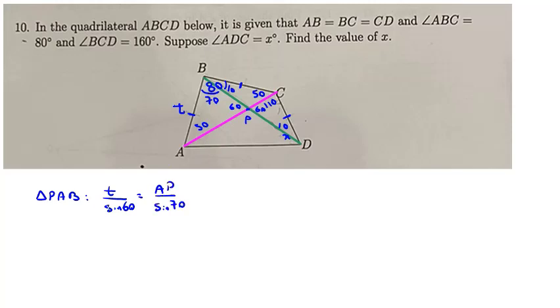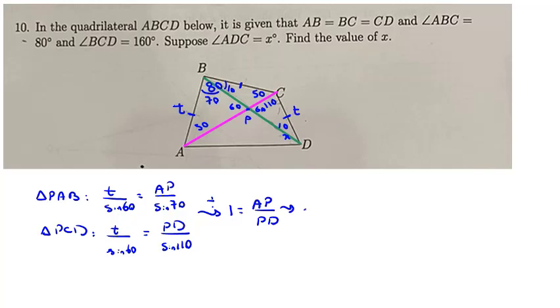Also in triangle PCD, using the sine rule again, T is equal by assumption of the problem, T over sine 60 equal to PD over sine 110. If we divide, T and sine 60 will be cancelled, and sine 70 equals sine 110 because their sum is 180, so we get AP over PD. So we conclude AP equals PD.